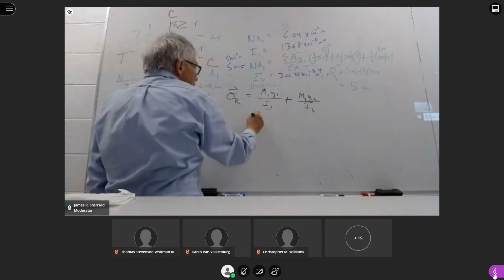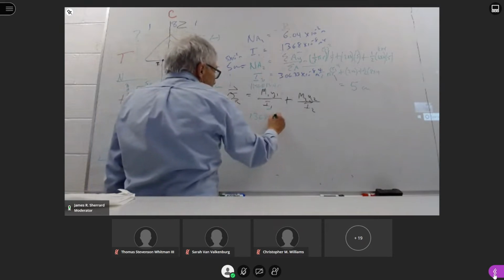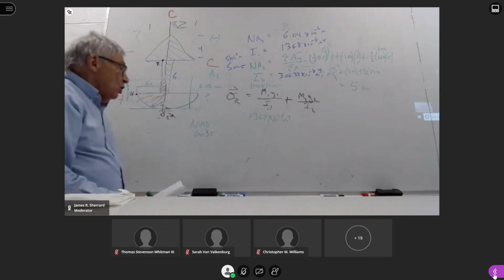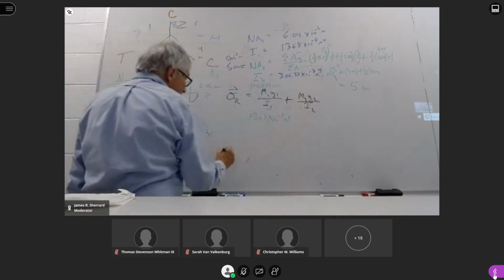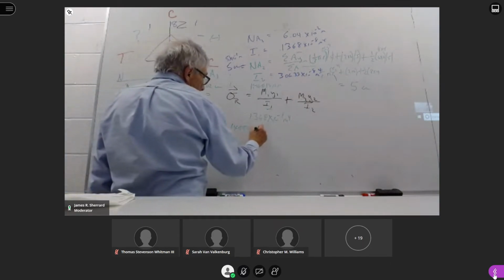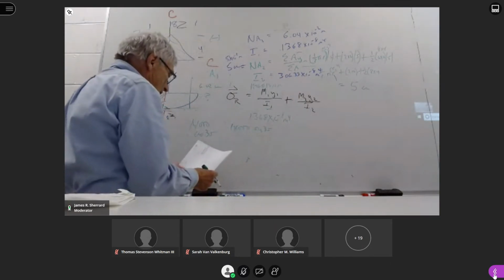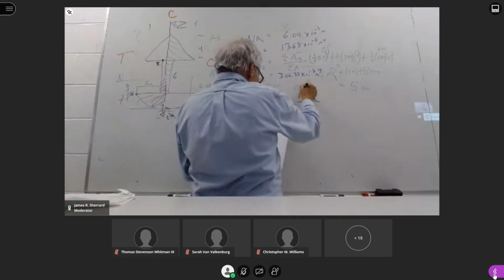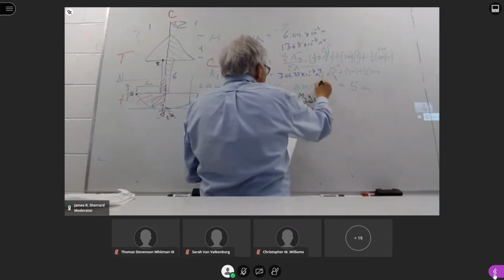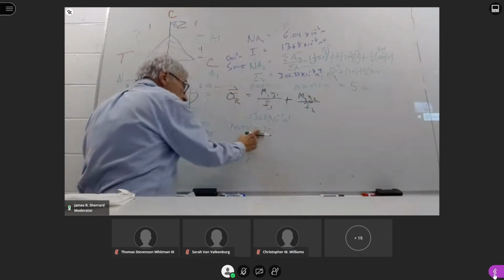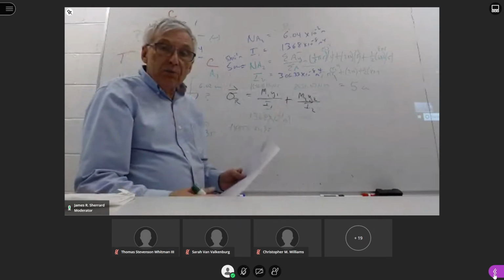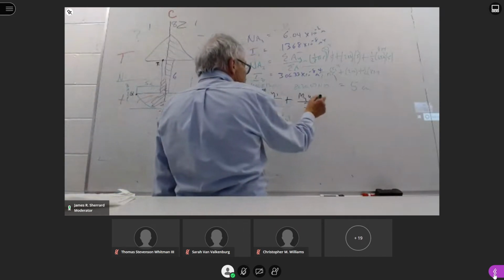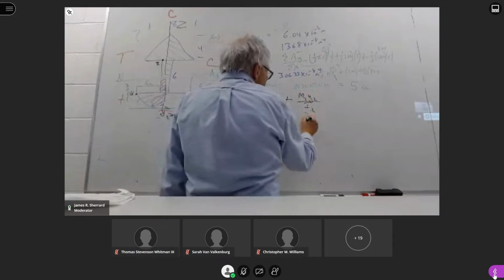I1 is what we've calculated up here, which is 1368 times 10 to the minus 8 meters to the fourth. Might as well throw in everything that we know right now. This one was 14,000 times the sine of 35, which was 8,030.07 newton meters. Notice I haven't put any plus or minus signs. We're not going to do that till the very end. What is the rectangular moment of inertia for this relationship? It is this one.